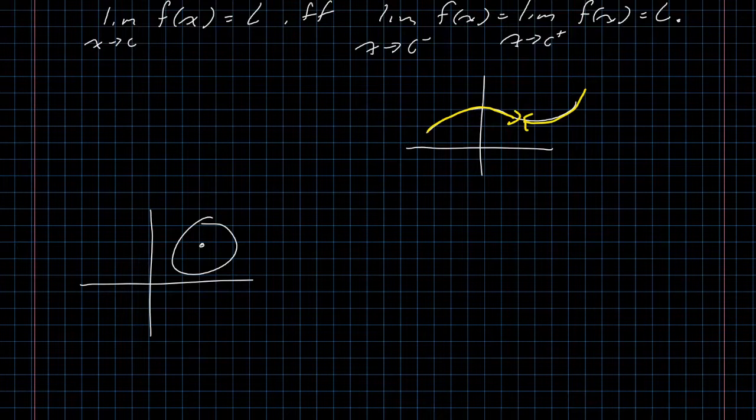For a function of two variables, it's a little bit tricky because instead of just looking from the left and from the right, we can think about the paths that come downward like this. We can think about the paths that come over like this. We can think about paths that come in at an angle. We can think about paths that come in all squiggly in one way or another.